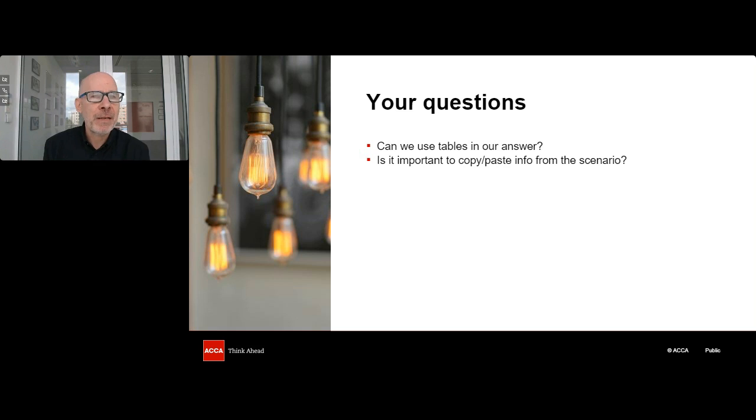If we see that the company is using a traditional approach to inventory management, building up high levels of inventory, blah, blah, blah, the marker knows the story. You're the management consultant. You just jump in and say, this approach is wrong because the high inventory is leading to high holding costs and damaged goods. You did not need to restate the paragraph. So don't. You just refer to the scenario. Don't copy paste big chunks. Not going to help you.